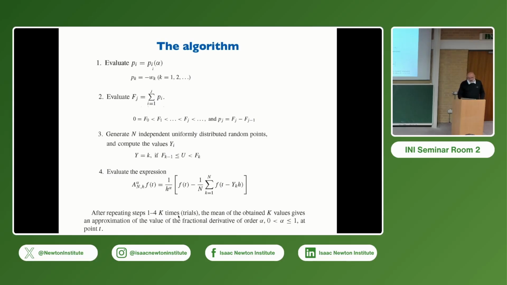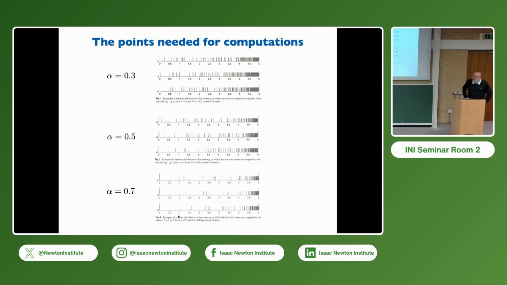What is interesting here is the following. The points that we get in this process are the points at which we evaluate the function values. And here are different orders, 0.3, 0.5, 0.7. You see that the distribution of the points that we need for our computations changes.